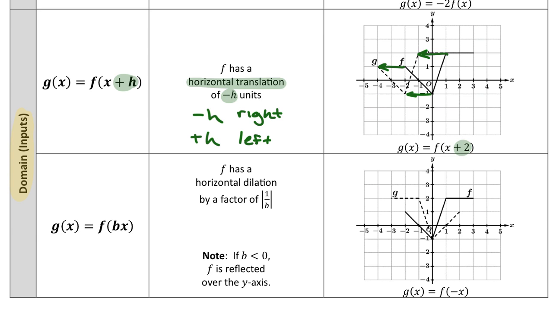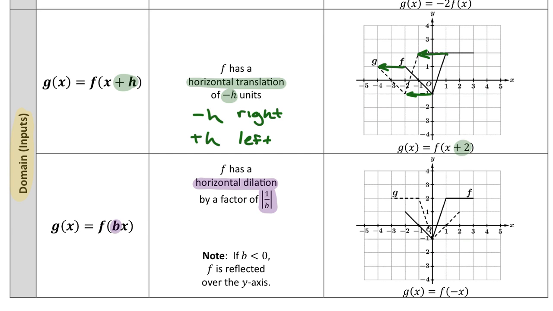Our last transformation is a horizontal dilation. A horizontal dilation is a multiplication on the inside of the function. Same thing as vertical dilation, that it's multiplied by something. This is also, in my opinion, some of the most challenging ones to think about because it is on the inside, it affects the inputs, and it's the opposite, which means we're multiplying by a factor of the absolute value of 1 over b, the reciprocal of the number that you see.